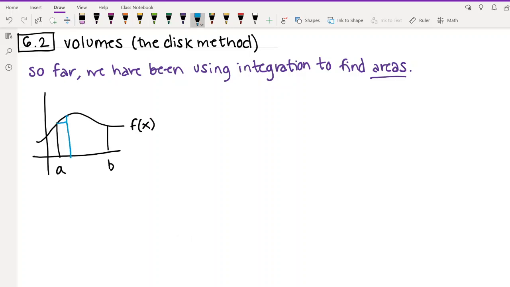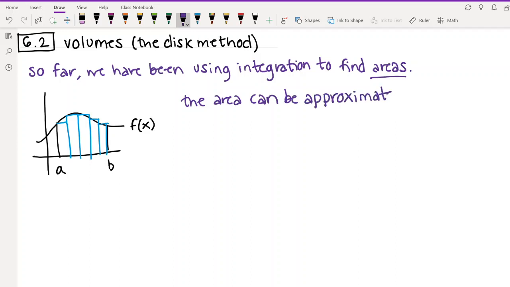So we would have something that looked kind of like this. And that would give us an approximate area. So the area can be approximated by adding up rectangles.